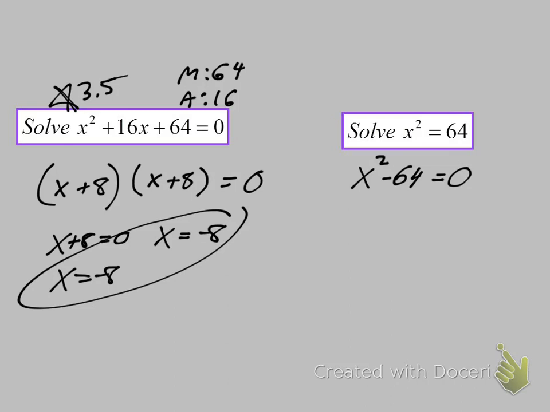What multiplies to negative 64 and adds to 0? 8 and negative 8. That's why it's plus or minus.